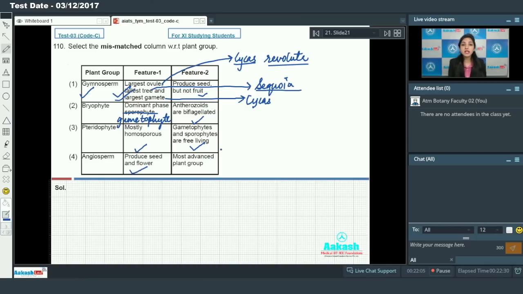And angiosperms are the most advanced plant group. This is also very true. So we have to find out the mismatched column. So the answer to this question is option number 2, in which it is given that the dominant phase of bryophyte is sporophyte, but it is incorrect. The dominant phase of bryophytes is gametophyte. Okay, moving on to the next question, question number 111.